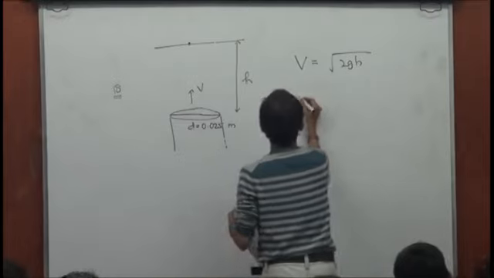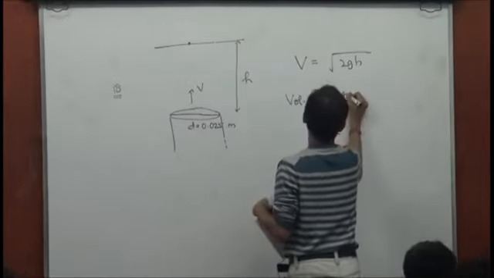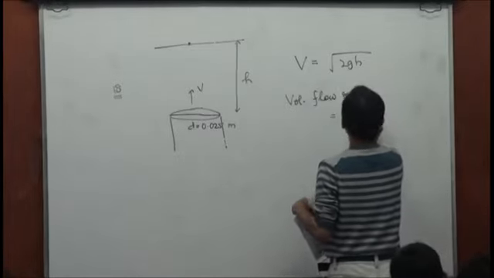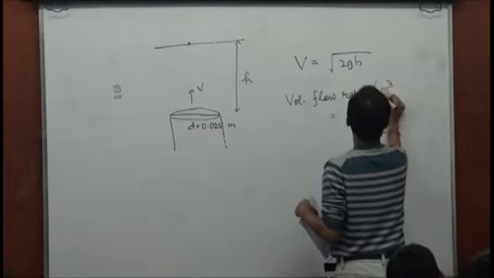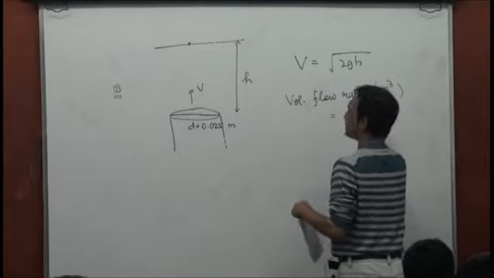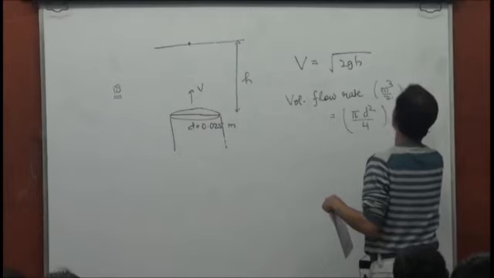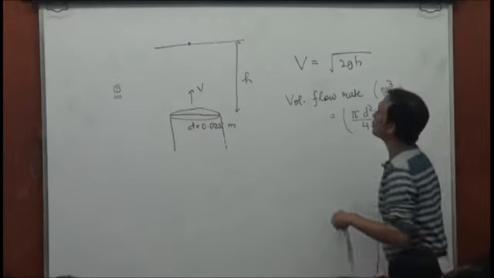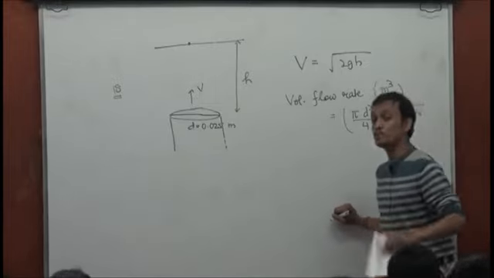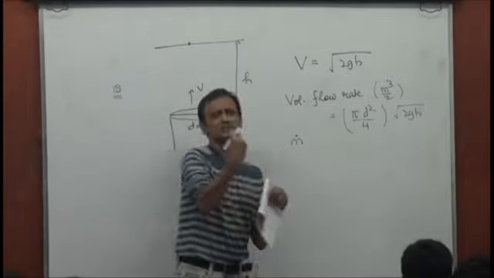So the volume flow rate in cubic meters per second is going to be the area of cross section, which is pi d squared by 4, into the velocity root 2gh. That's the volume flow rate. The mass flow rate, m dot, means kilograms per second.